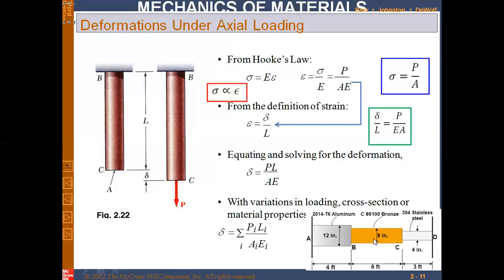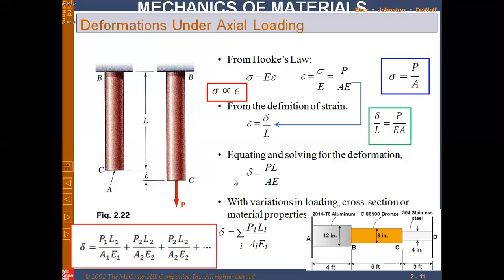And we have to algebraically add all those deltas in order to get the overall deformation. So the overall deformation would be delta in segment 1, delta in segment 2, and delta in segment 3, and so on.